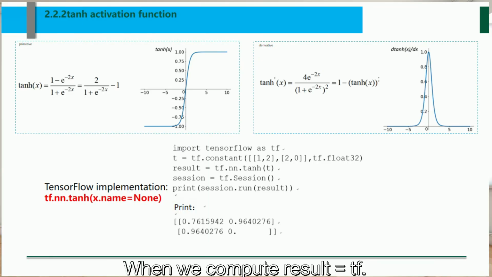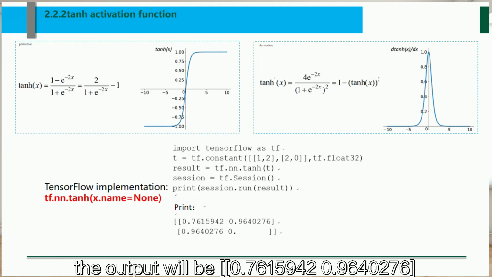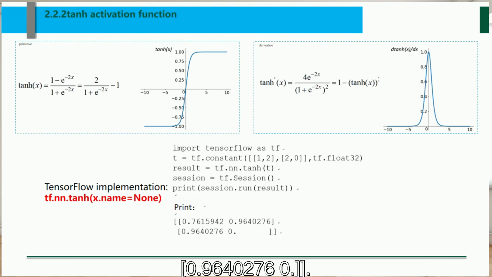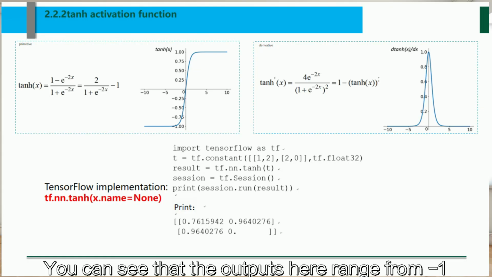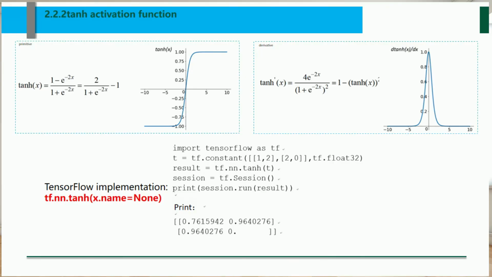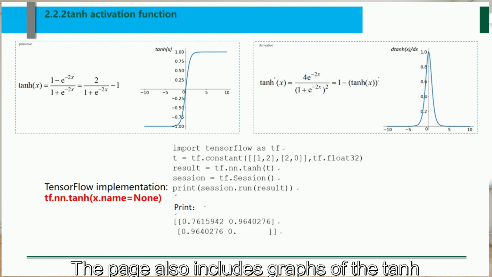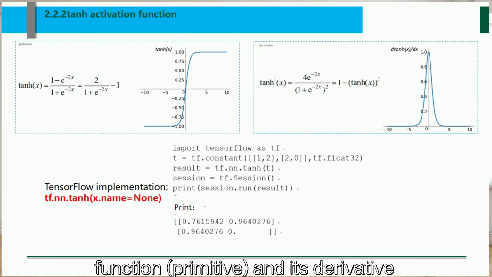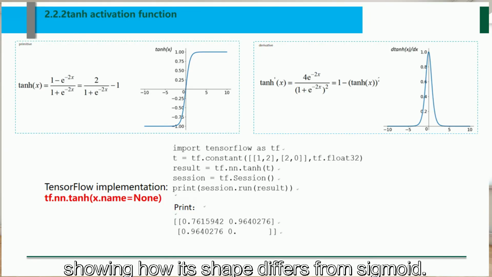When we compute result equals tf.nn.tanh(t) and run the session, the output will be 0.76159420, 0.96402760, 0.96402760. You can see that the outputs here range from -1 to 1, which aligns with the tanh function's value range. The page also includes graphs of the tanh function and its derivative, showing how its shape differs from sigmoid.